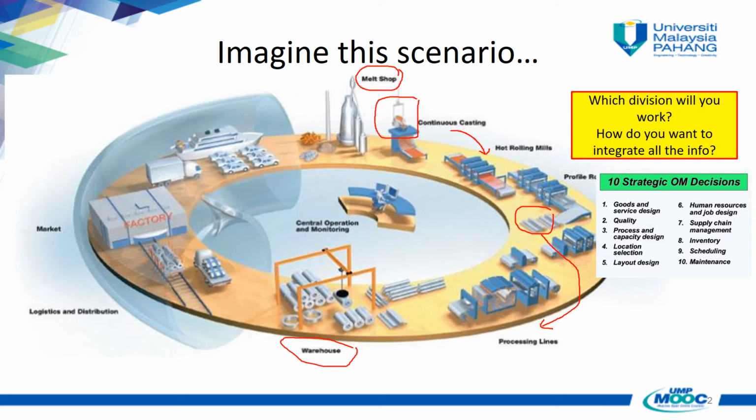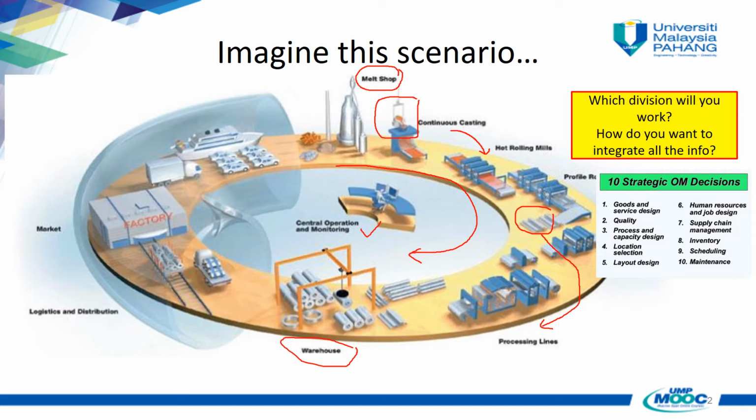All of these conditions will be monitored by our central operations and monitoring: the upper control limit, lower control limit, the average value of your temperature, your pressure, your dimension, and so on, your machine speed, your motor speed, your RPM, will be controlled here.